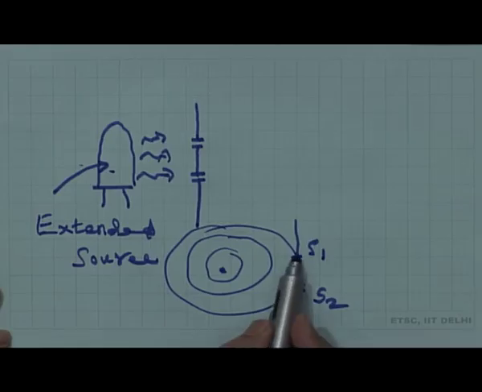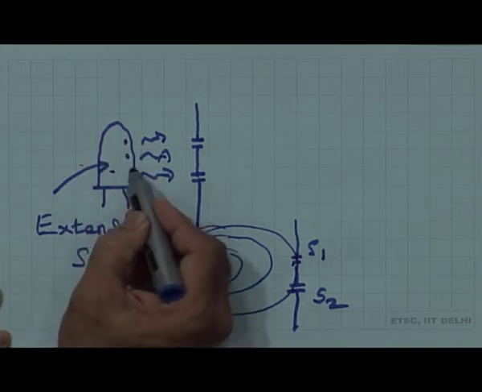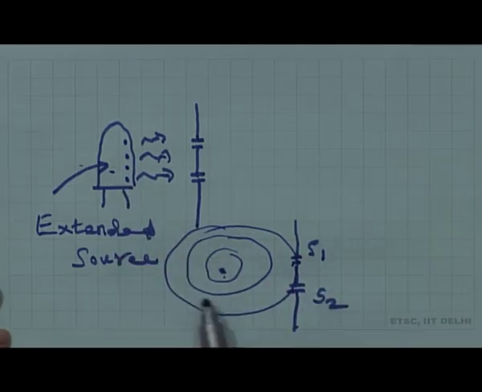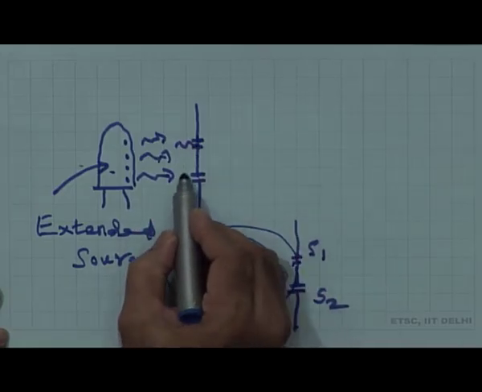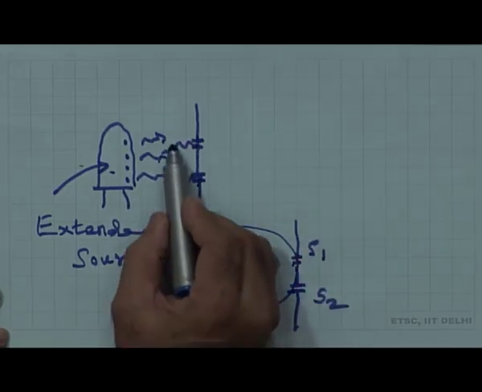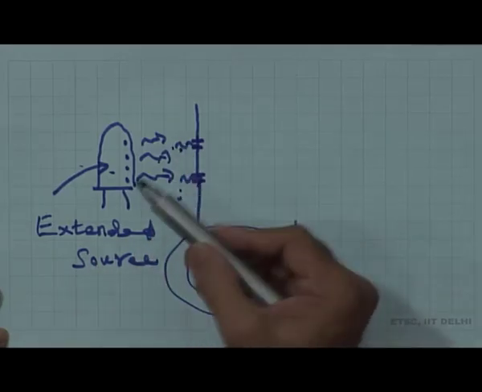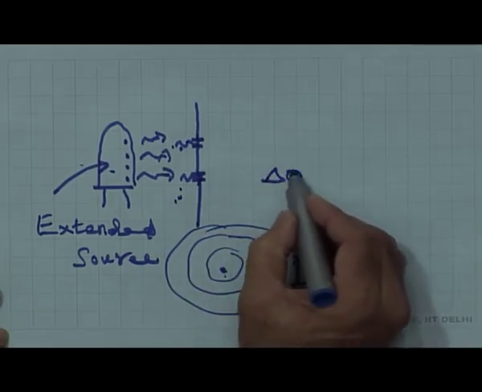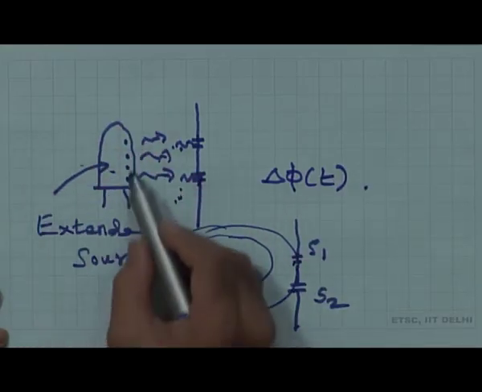But if this is not a point source but an extended source which comprises a number of point sources radiating independently, then the wave which is entering here and the wave which is entering here have no fixed phase relationship. It changes with time, which means delta phi is a function of time when the source is an extended source.